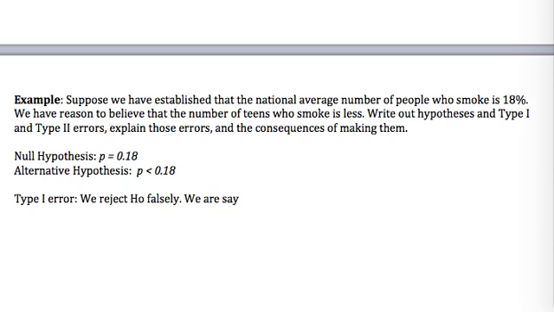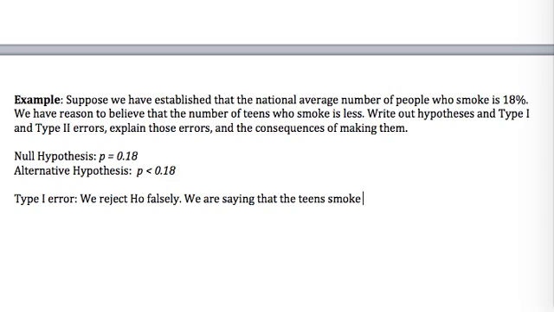I said this. We are saying that the students, I should say teens, right? The teens, because some people might not go to school, unfortunately for them. We are saying that the teens smoke less, more, 18%, what?